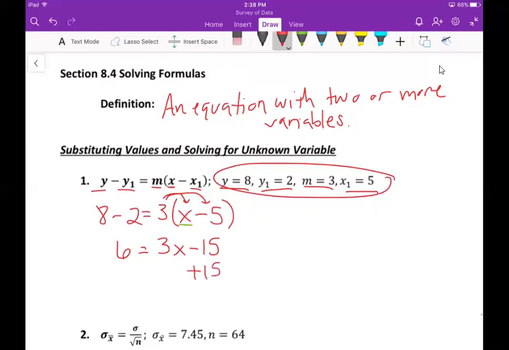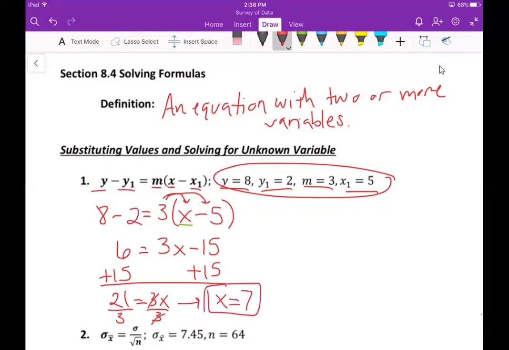We need to add 15 to both sides to start solving for x. That gives us 21 equal to 3x. We need to divide both sides by 3 so that our final answer here is that x is 7 with all those values plugged in. And we have our final answer, our missing variable was x.